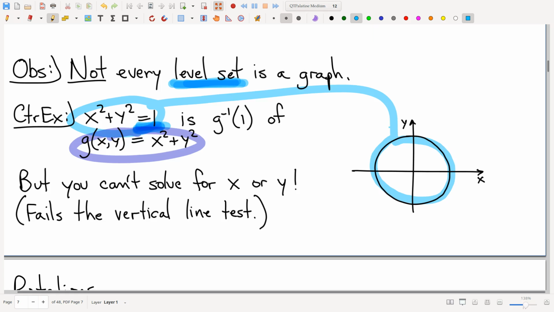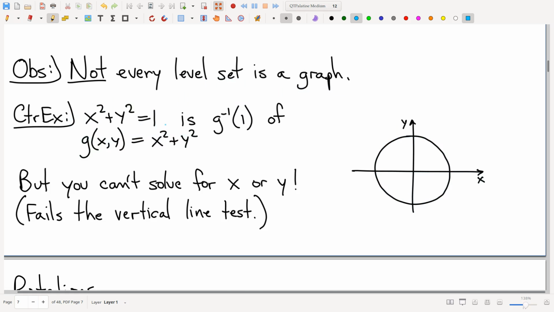Well, it's a non-starter. It fails the vertical line test. No matter which direction you go, crash and burn, game over, we lose. It's not a graph of anything. So not every level set is a graph, even though every graph is a level set. So maybe you got to keep that in mind. Okay.